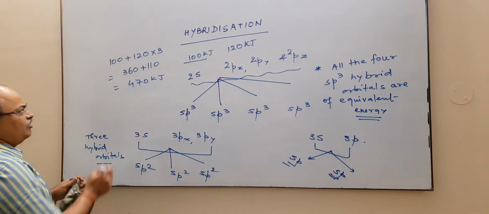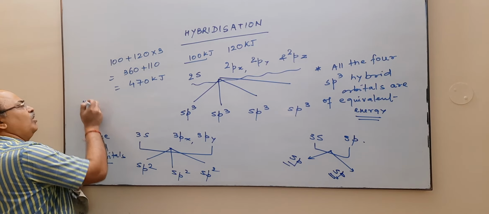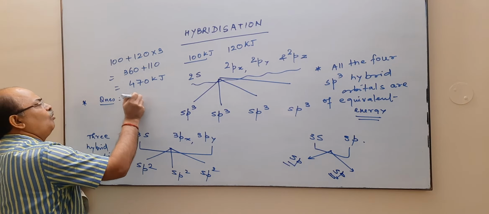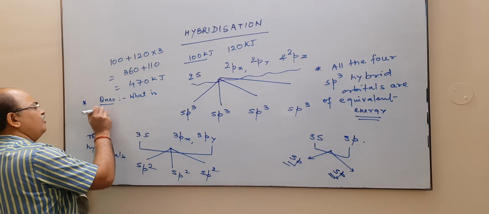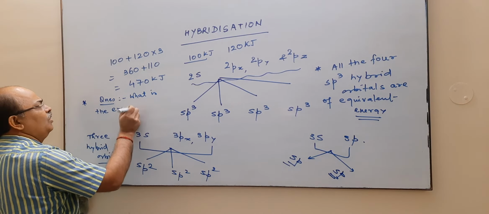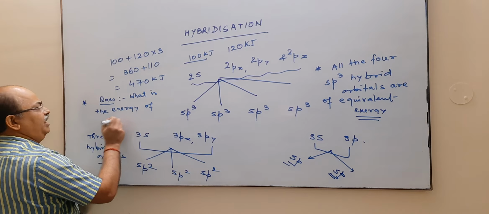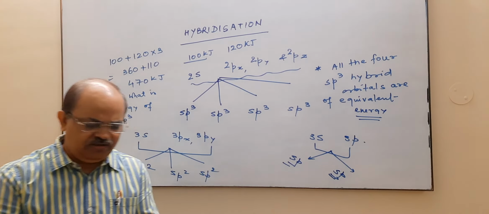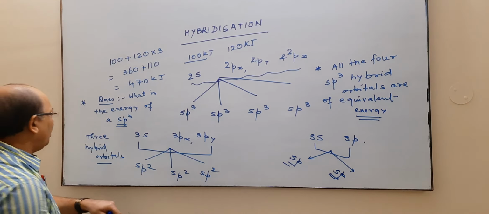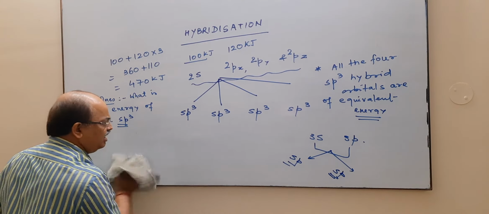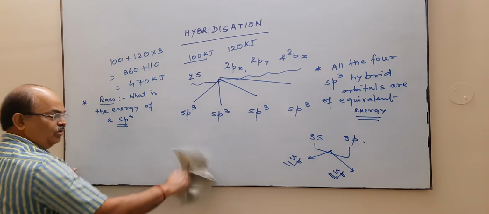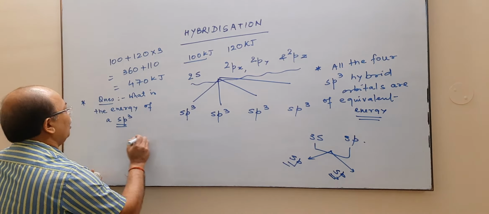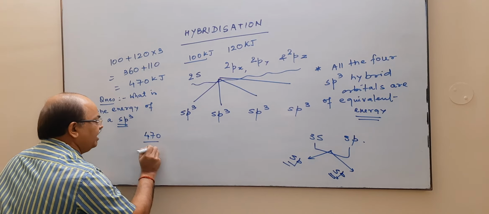So if somebody asks you a question, what is the energy of an sp3 hybrid orbital in this case? Then it will be 470 divided by 4.